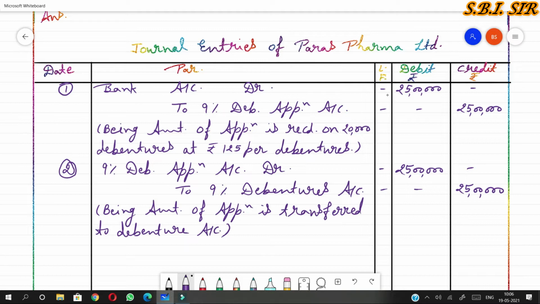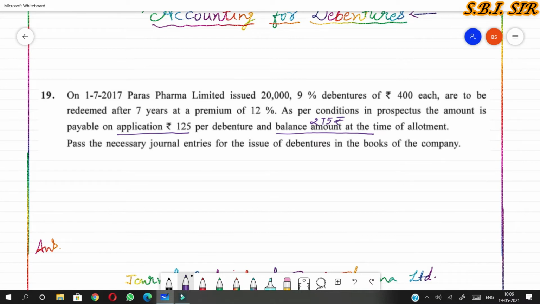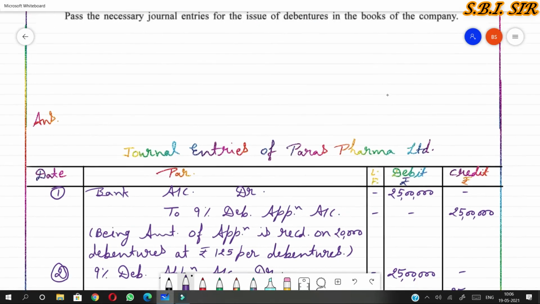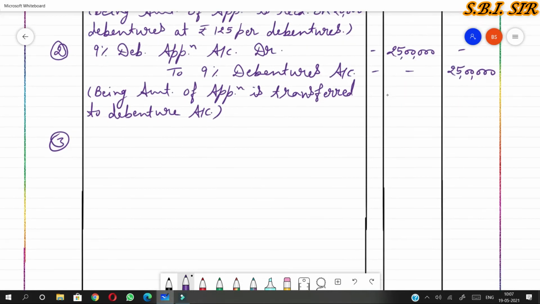Then we will call allotment money. Then at the time of allotment we have also mentioned a 12% premium which is redeemed after 7 years, so it is a loss. Then the entry will be 9% debenture allotment account debit.